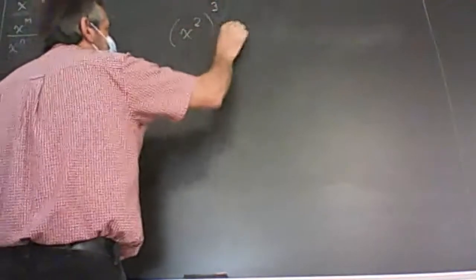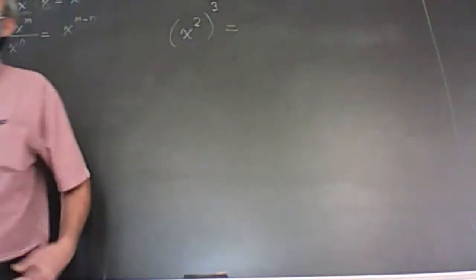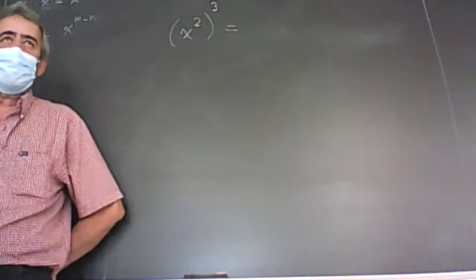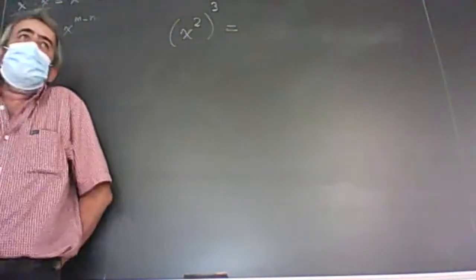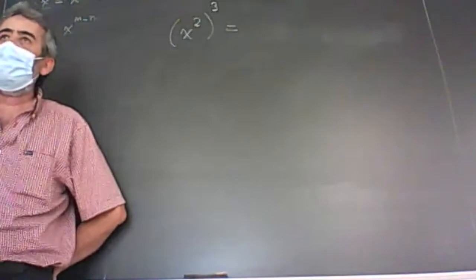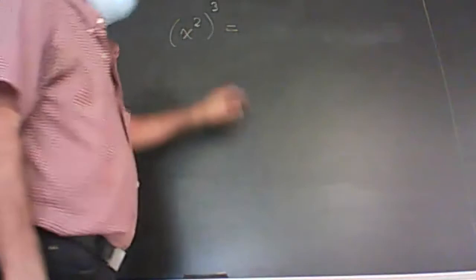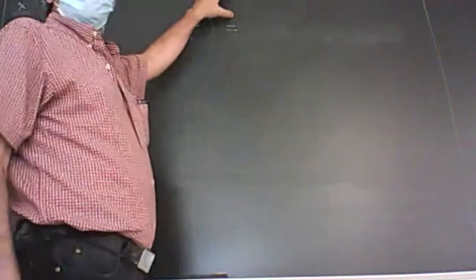Suppose we have x squared cubed, where we have simply a double exponent. But to evaluate this, we first need to evaluate the exponential terms. So I'm going to evaluate the outside exponent. And what does the outside exponent say?